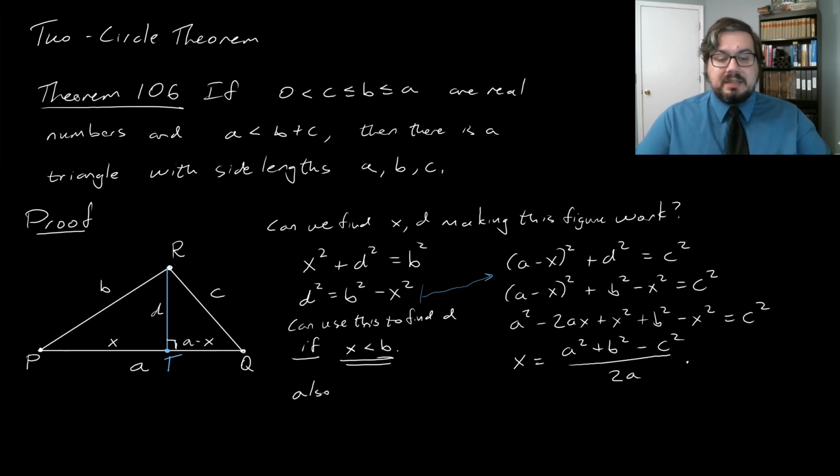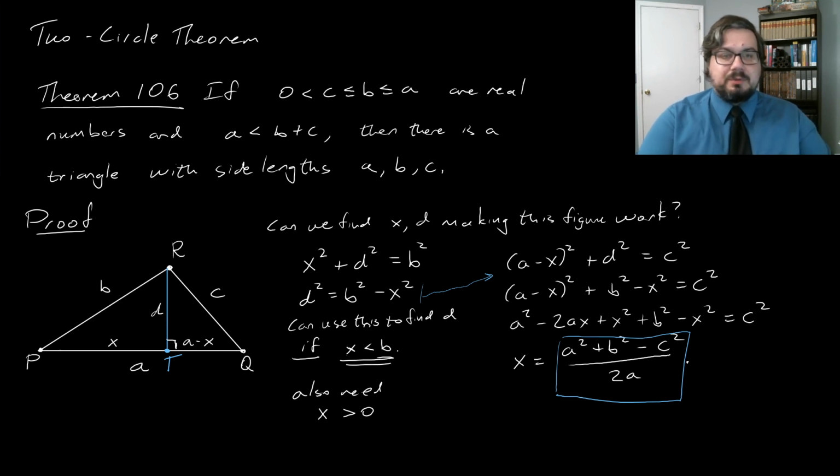We also need for x to be greater than 0. For this figure to work, x needs to be the length of a segment, and therefore it has to be greater than 0. So basically, we need to show that as long as a, b, and c satisfy the conditions above, this expression, a squared plus b squared minus c squared over 2a, is strictly between 0 and b.